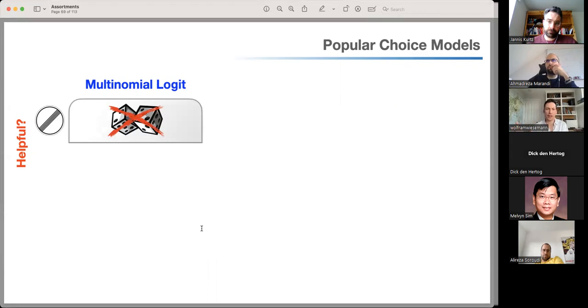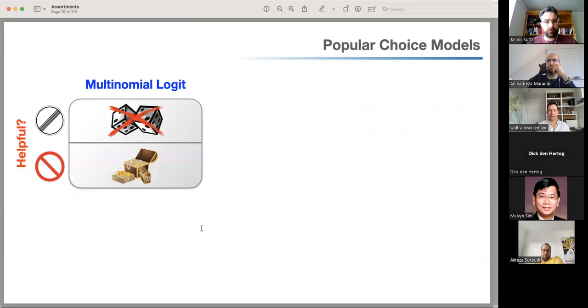Under the unconstrained robust optimization problem, one can show that if we assume a multinomial logit model, randomization cannot help. Whereas if we have a cardinality constraint, it turns out that the benefits of randomized strategies are potentially unbounded. There is no upper bound on the benefits that we can enjoy if we go from a deterministic to a randomized robust strategy.